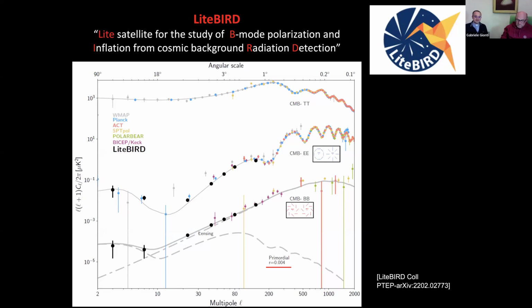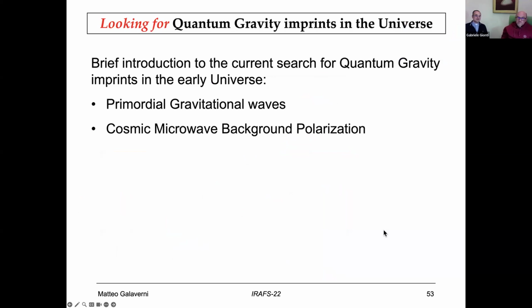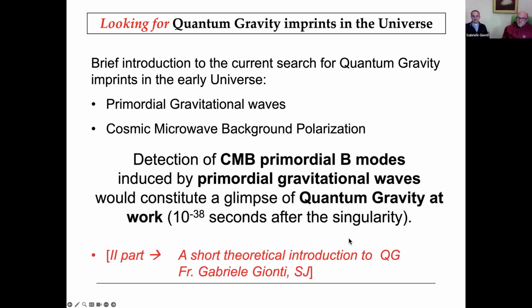Anyway, it's an important technique to probe the evolution of the universe close to the beginning, close to the Planck scale, close to inflation. So this is a brief summary of what I tried to tell you. This was a brief introduction to the current search for quantum gravity in the early universe, primordial gravitational waves, and how it's possible to study this signal by looking at microwave polarization.